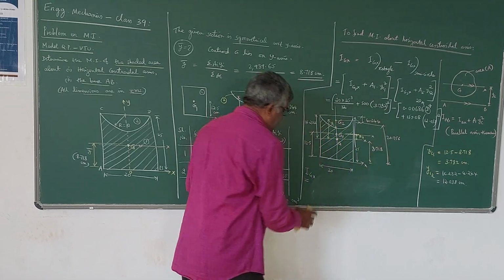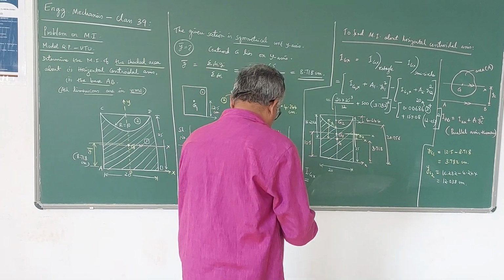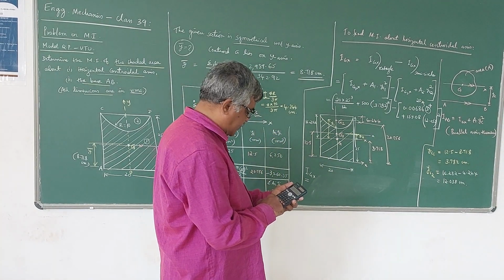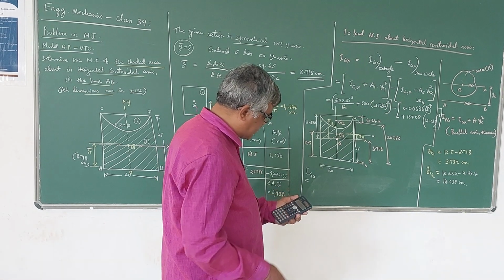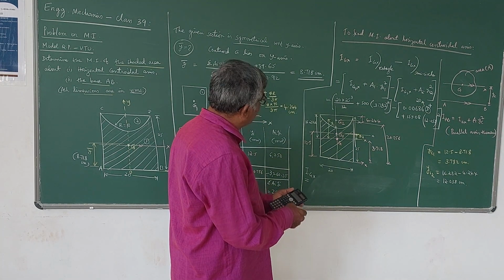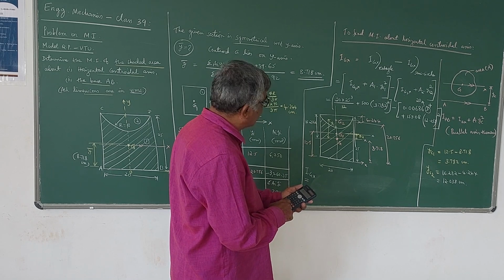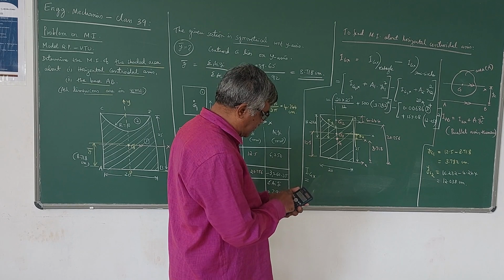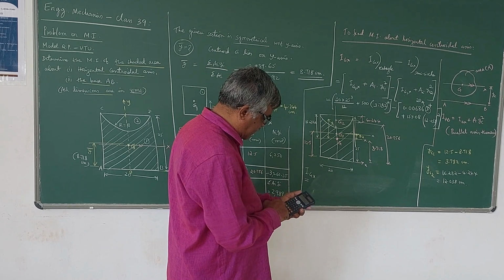This value is, sorry, okay, I have to add that also. So plus, of course, 500 into 3.782 square, which is once again 500 into 20 into 25 cube divided by 12.